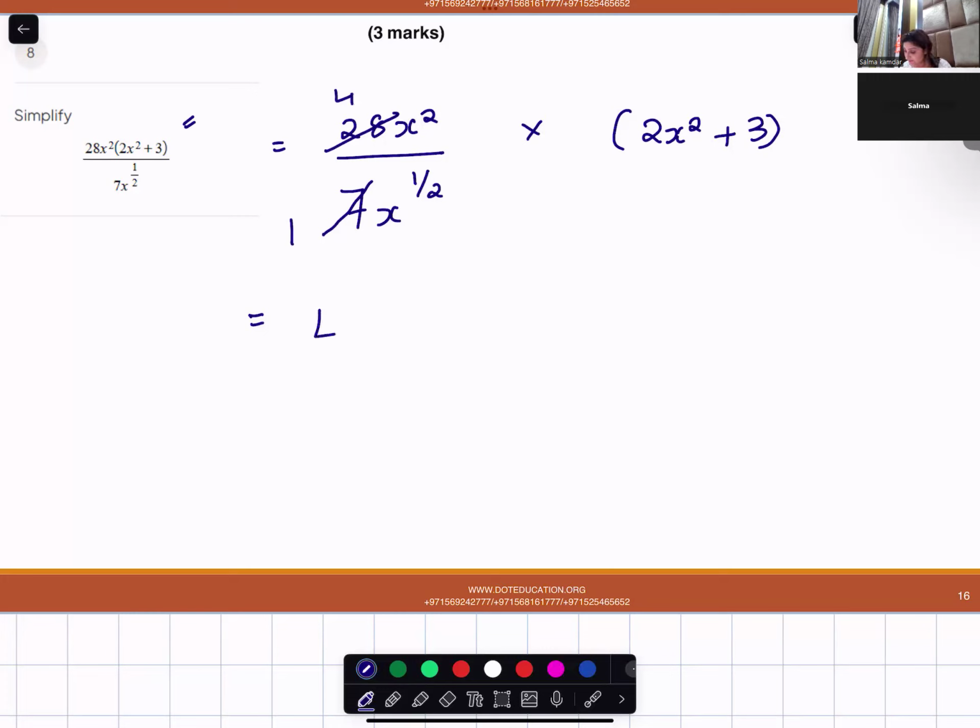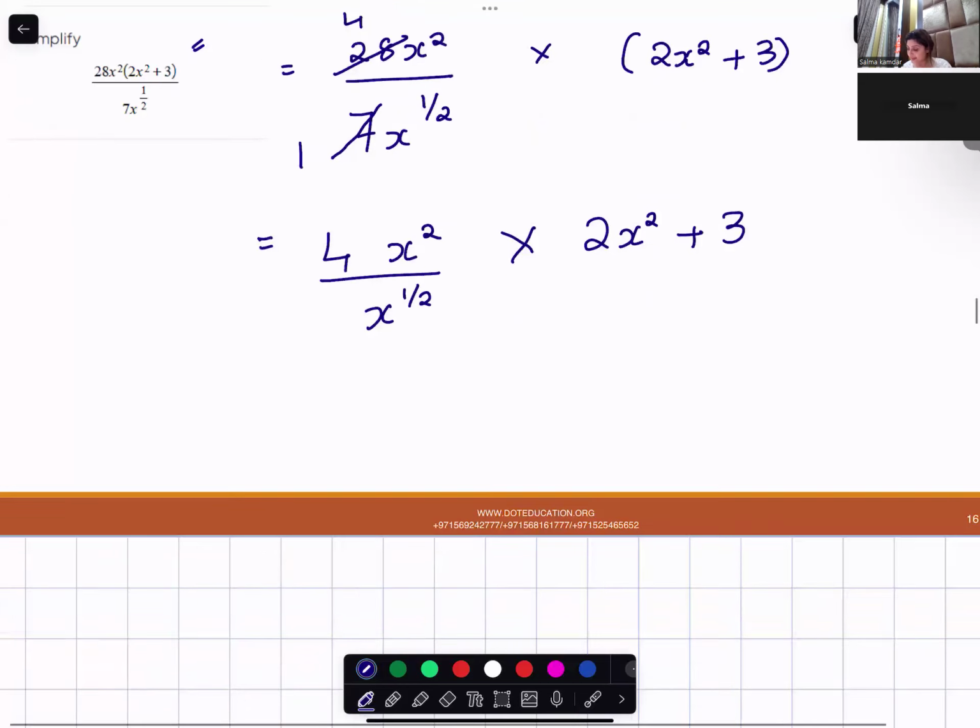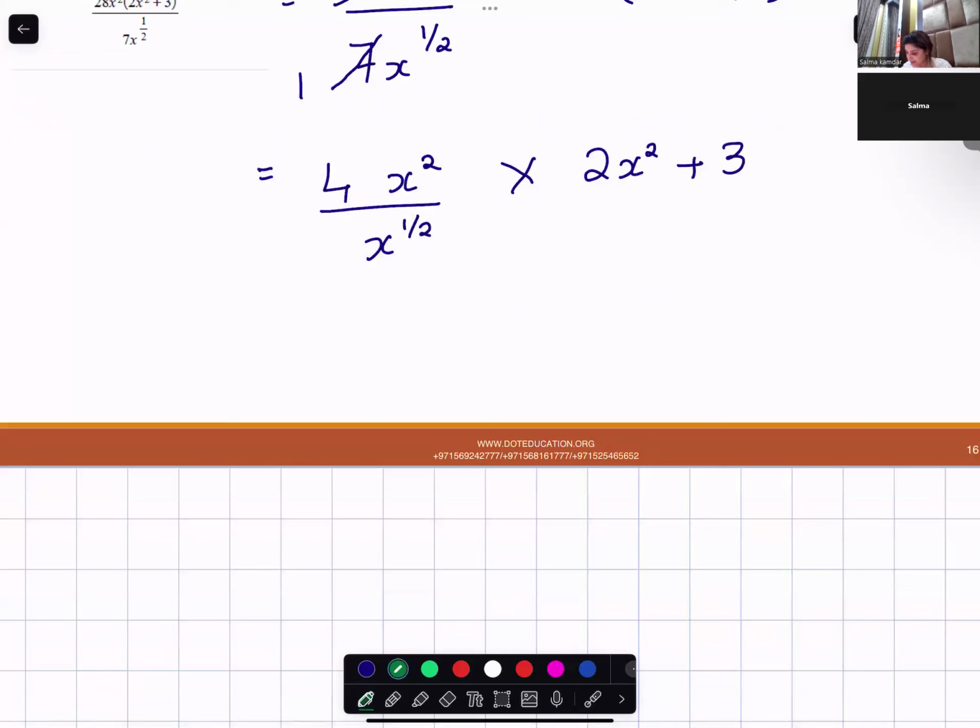So this would become 4x squared over x^half into (2x squared plus 3). If I go ahead and try to solve this, I can use the law a raised to m upon a raised to n is equal to a raised to m minus n.